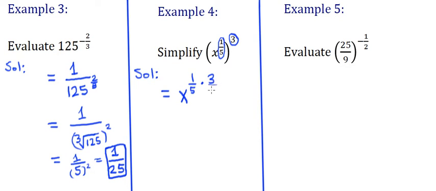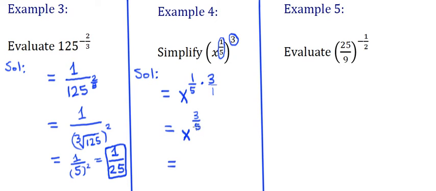Well, once you place the number 1 below here to make it look like a fraction, 1 times 3 is just 3. 5 times 1 is just 5. So x raised to 3/5. Okay, now simply write this rational exponent in radical form.